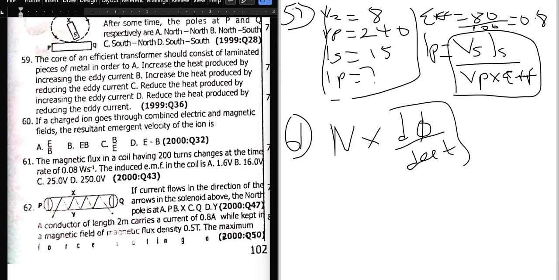And this dΦ over dt is just this 0.08. That is the time rate, dΦ over dt. Then N, you already know N, number of turns, that's 200. So this is what you're just doing. Very, very easy and straightforward.